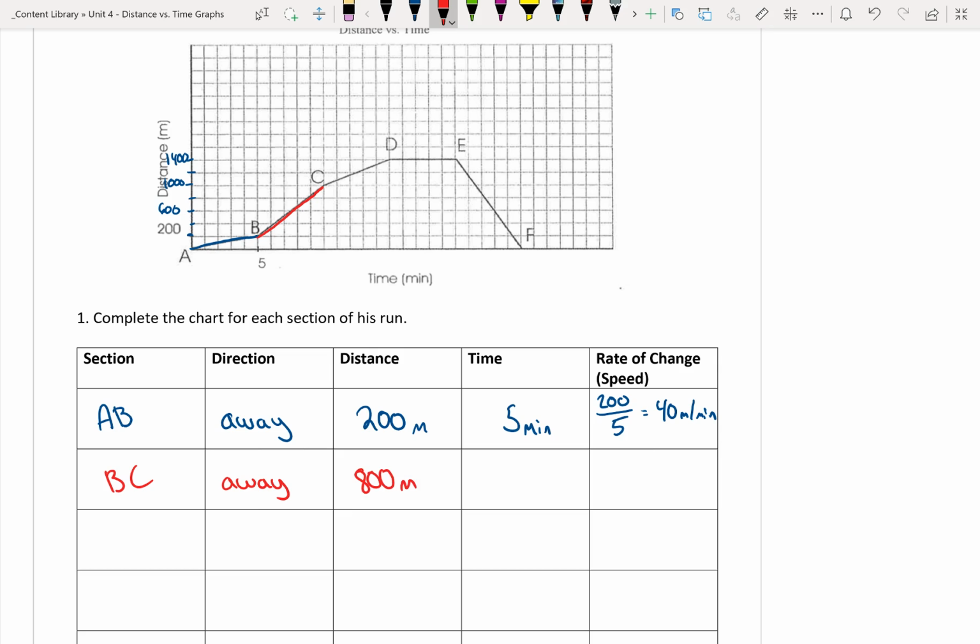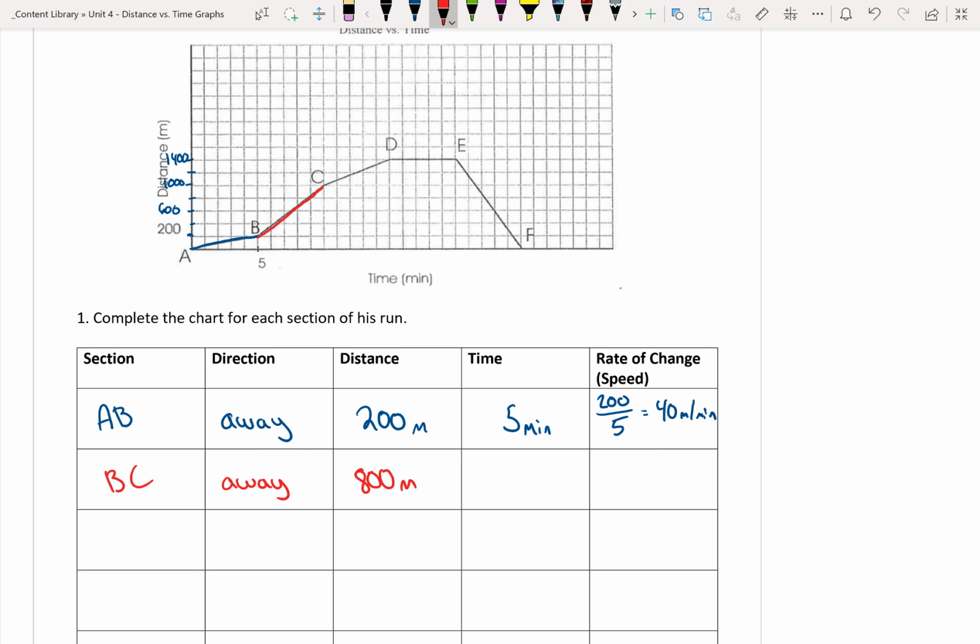The biggest mistake people make is that they just look at the end and say, he ends at 1,000, so that's how far he traveled. You have to keep in mind we're only looking at this section from B to C, so I need to look at where he starts and where he finishes. While he does finish at 1,000, he only starts at 200, so the total distance traveled is 800 meters.